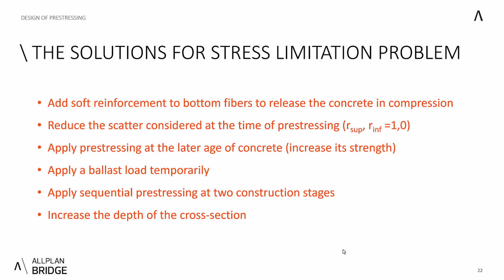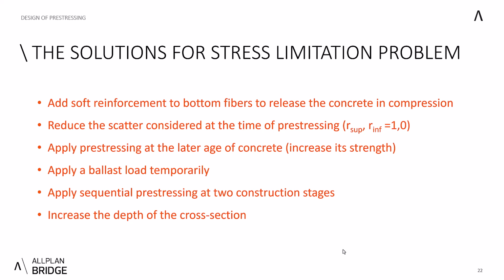The stress limit of 45% fck is applied to guarantee the linearity of concrete creep. As we calculated, the stress in bottom fibers at the time of pre-stressing does not comply with the required limits.